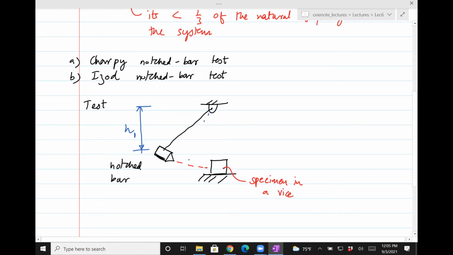And I'll show what the specimen looks like. Basically, the specimen is held in a vise, so the pendulum is coming in that plane, and it's really hard for me to draw it in that figure. And then once it hits, it breaks the specimen in two pieces, and then rebounds to a height h2.